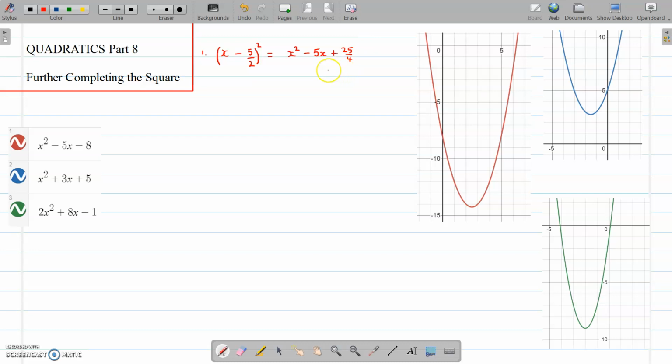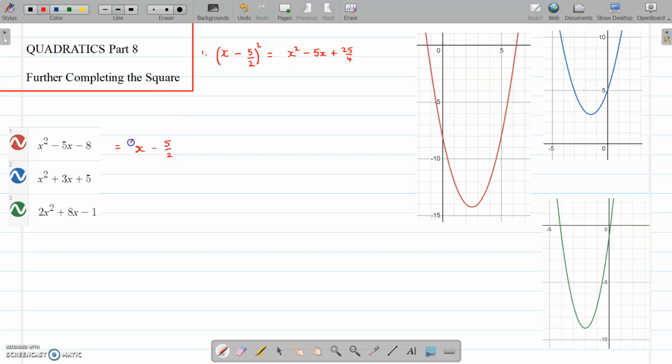Well, the answer is I have to take away 57 quarters, because 25 and 32 makes 57. So this expression is going to be equal to x minus 5 over 2 all squared.